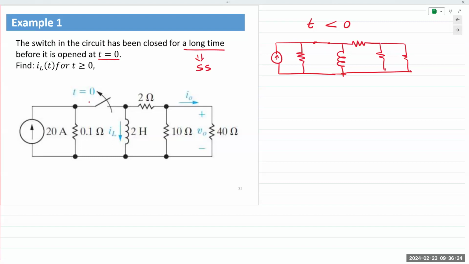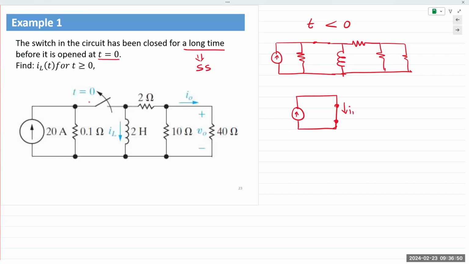So how can I represent the inductor? As a short circuit, right? I can represent the inductor as a short circuit because the inductor has reached full charge. So my circuit becomes like this.